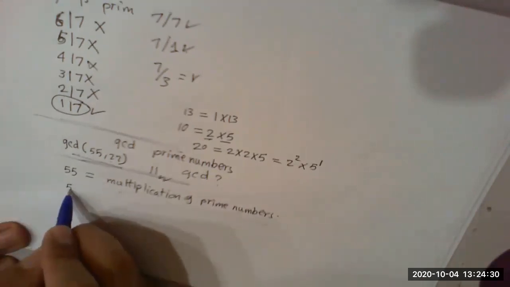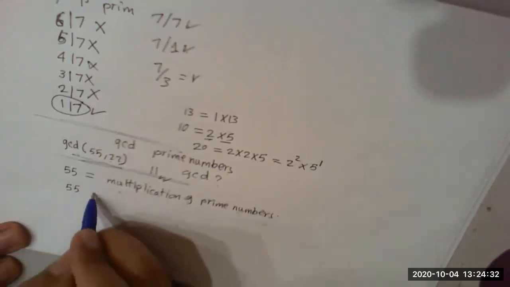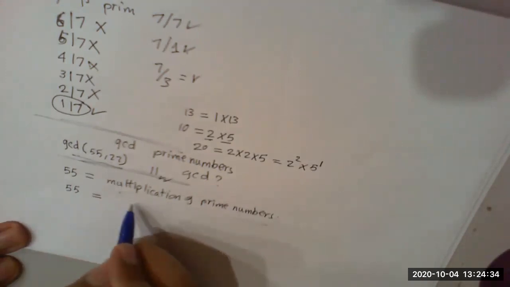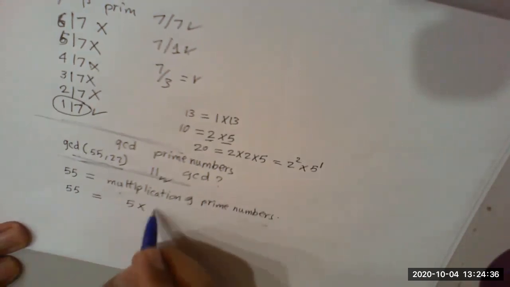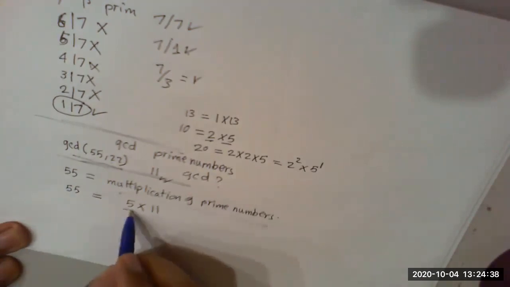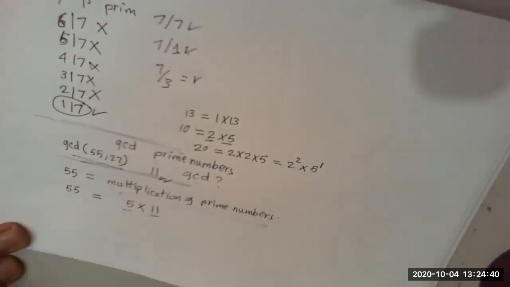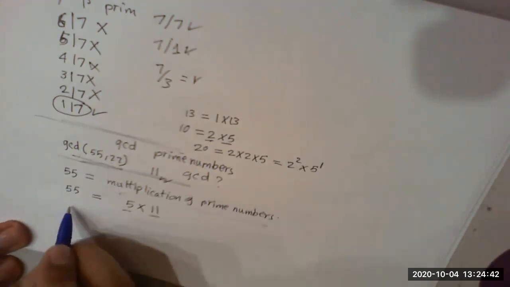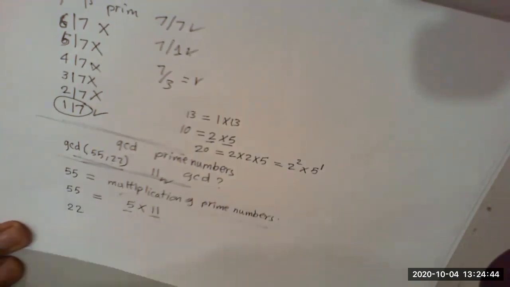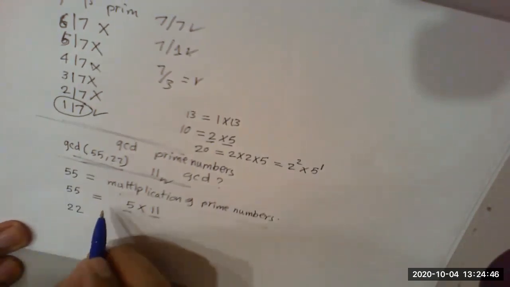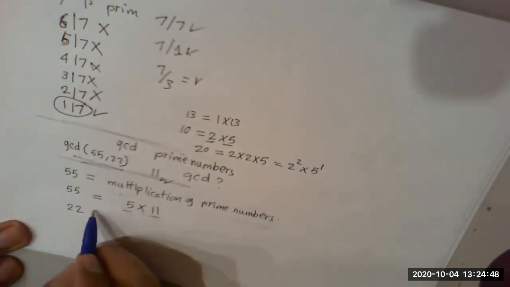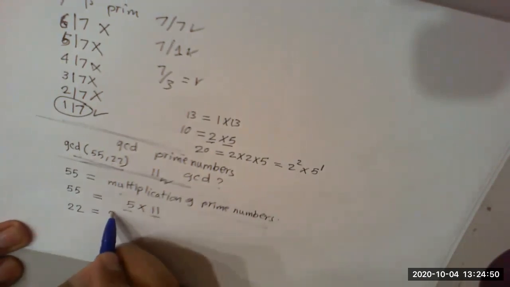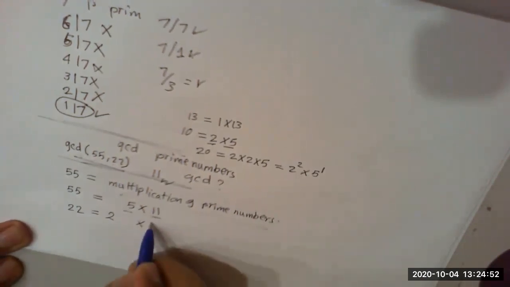So what about 55? 55 can be written as 5 by 11. 5 is a prime number and 11 is a prime number. What about 22? 22 is 2 multiplied by 11.